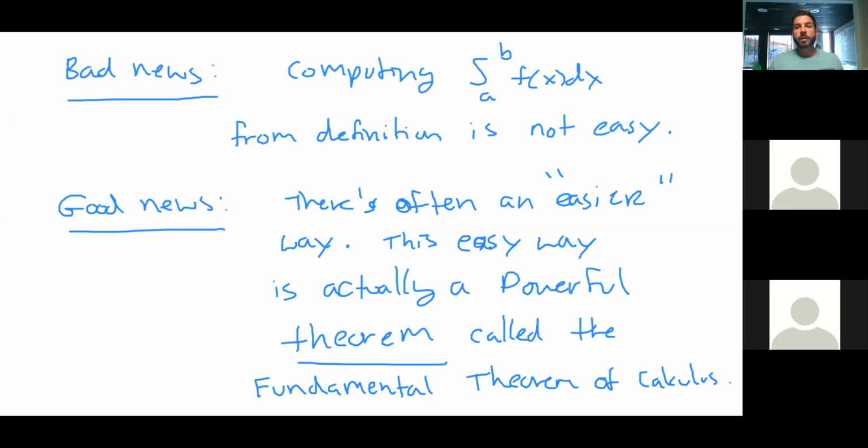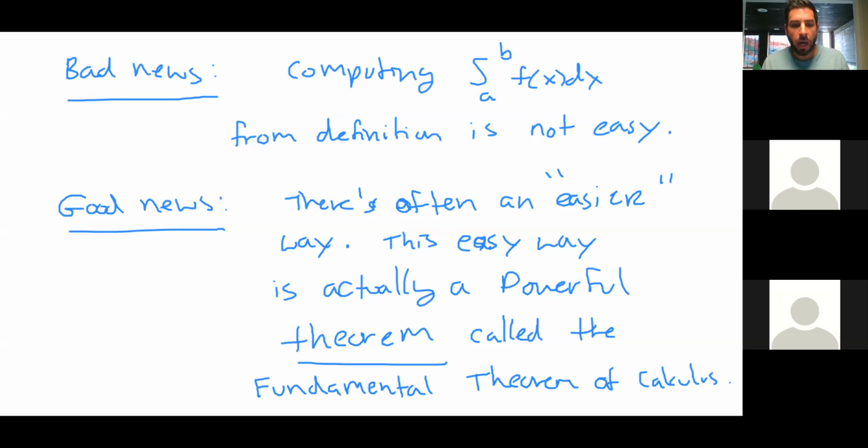The fundamental theorem of calculus is a super powerful theorem that takes a very challenging and tedious computation and oftentimes replaces it with simple arithmetic. It cannot be understated how important it is to understand that what we're going to do is not obvious, in the sense that the definition for this integral is quite complicated.